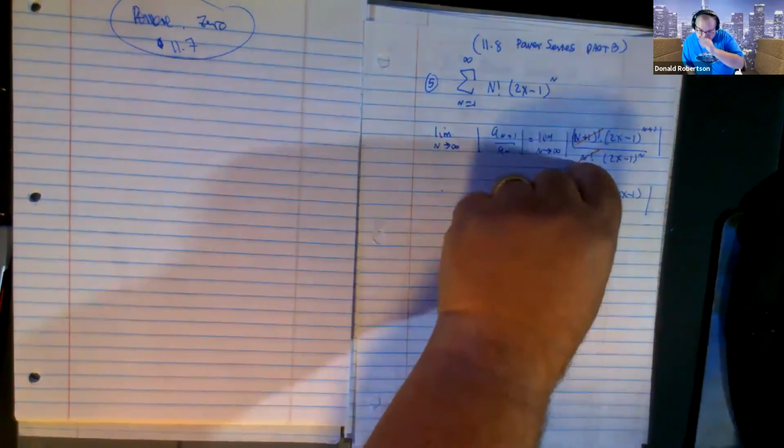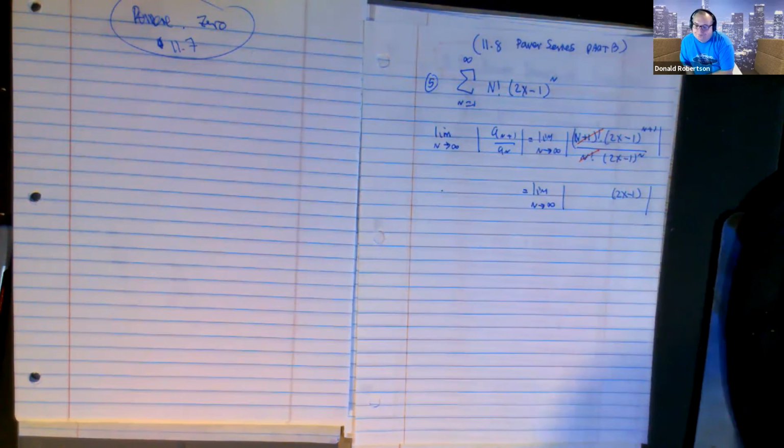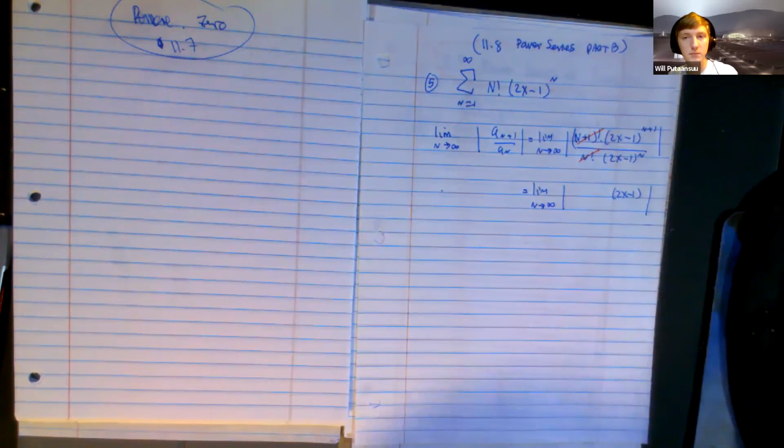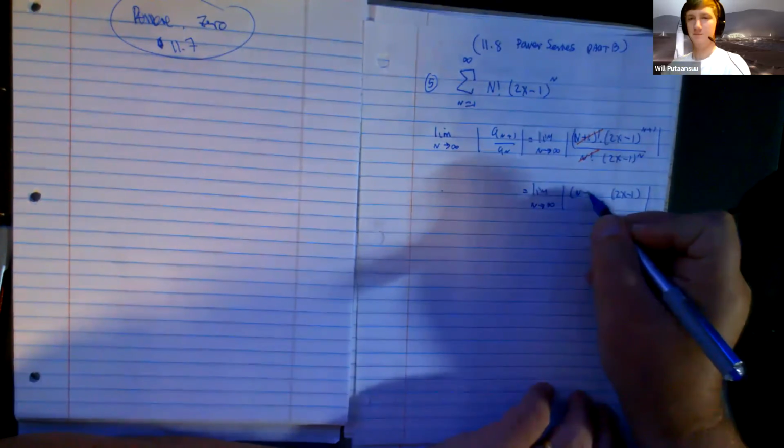This guy and this guy cancel. You're left with the (n plus 1) factorial cancelling with the n factorial, and n plus 1 on the top. Agreed.